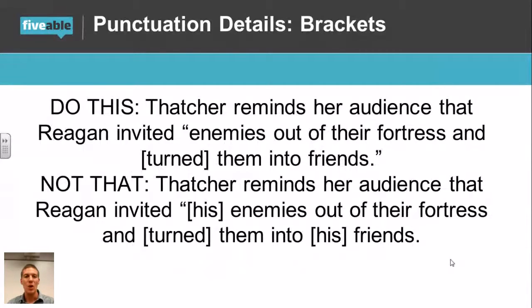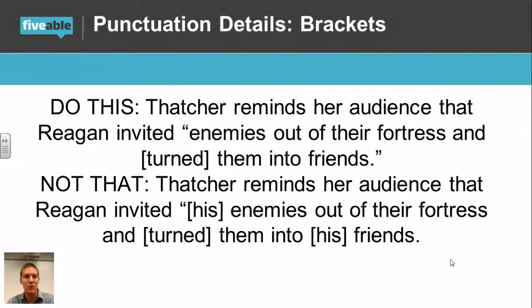So Thatcher might have said, Reagan always was able to invite his enemies out of their fortress and turn them into his friends, or turn them into friends. But in my sentence, because I'm in control of the writing, I'm using it in past tense. Thatcher reminds her audience that Reagan invited is past tense, so I'm going to tweak turned into past tense. Totally fine to do that. Minor tweaks.